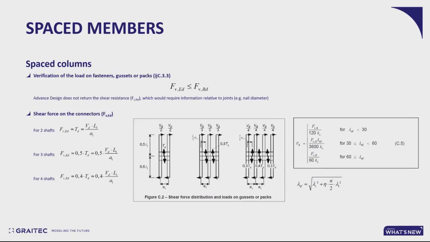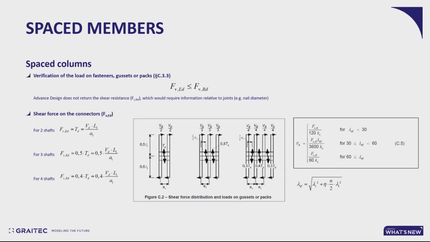And to check the load on the connectors, we compare the design shear force on the connectors with their shear resistance. Keep in mind that Advanced Design will not be able to return the shear resistance because that would require some additional information about the joint, like nail diameter, for example, which we don't have yet.